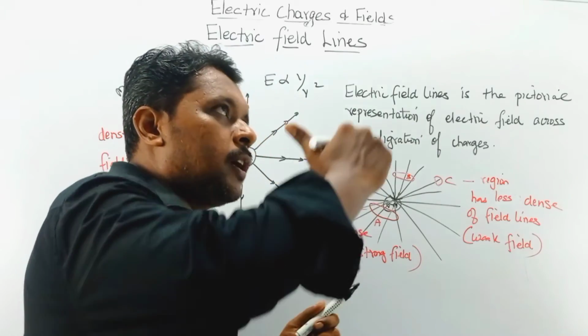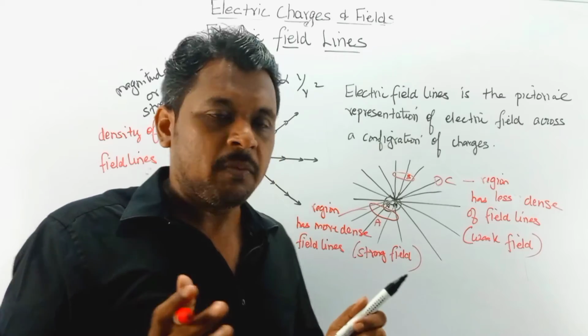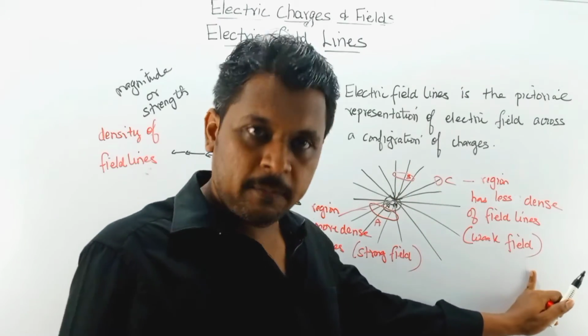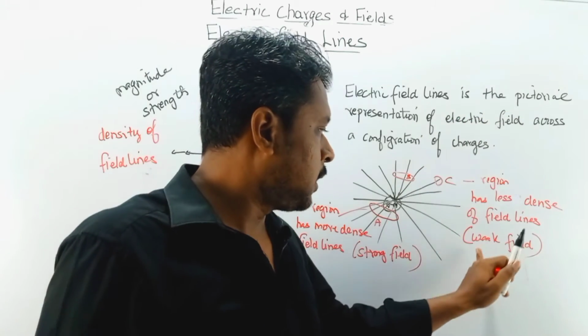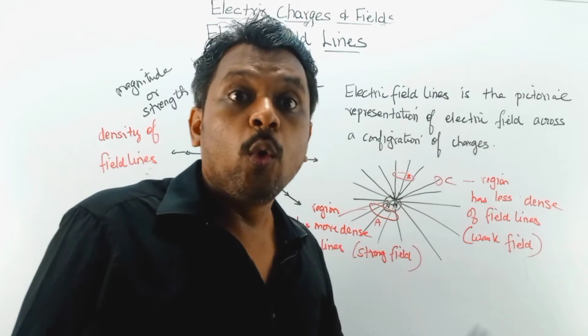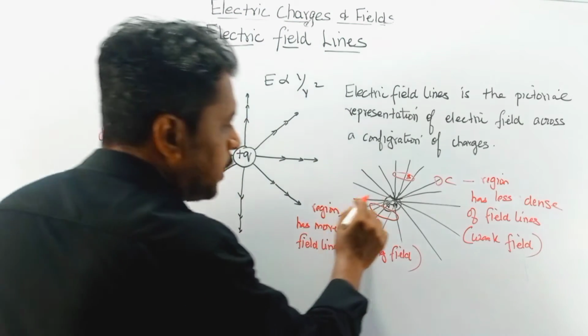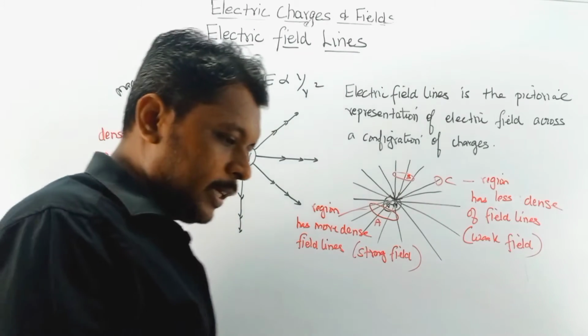As we move away from the charge, the density decreases due to more spacing of the field lines, so it represents a weak field. Nearer to the charge we have a strong field. When you move away from the charge, we have a weak field. So this is the density of the field lines, which represents the magnitude or the strength.